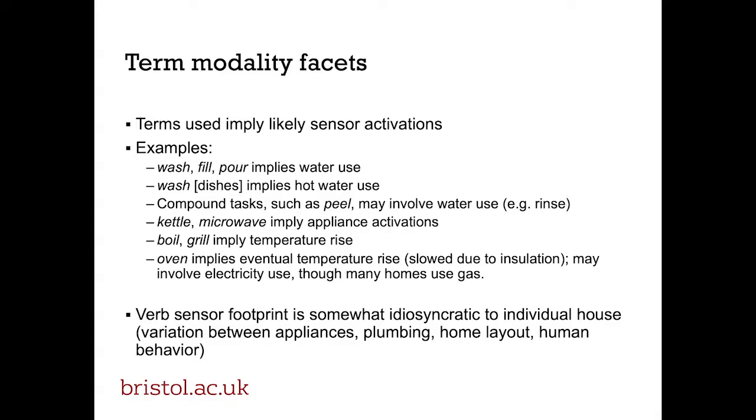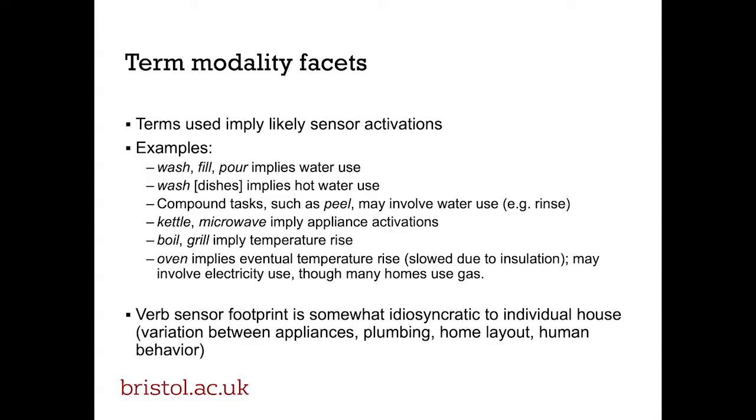Compound tasks often involve water use as well. So for example, peeling vegetables, at some point in there, it is also very likely that vegetables are rinsed. It is probably also very likely that the water use implied in that is not annotated at that moment, because it is part of that compound task.